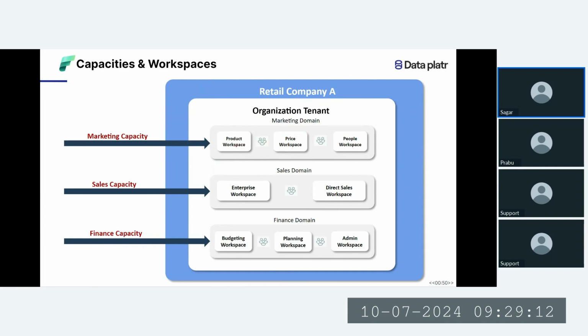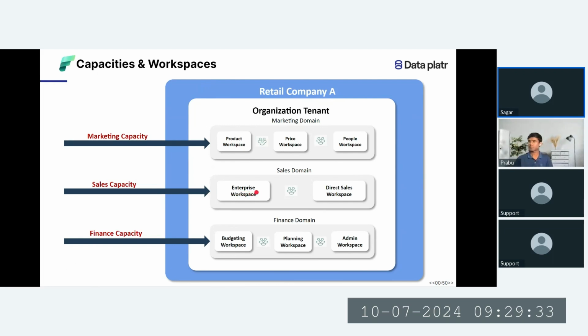You can also assign capacities based on geographical regions for different departments. Let's say one of the departments is in a different region; then you can have the capacity in that particular region and assign it to the workspace that resides in the same region as the capacity.